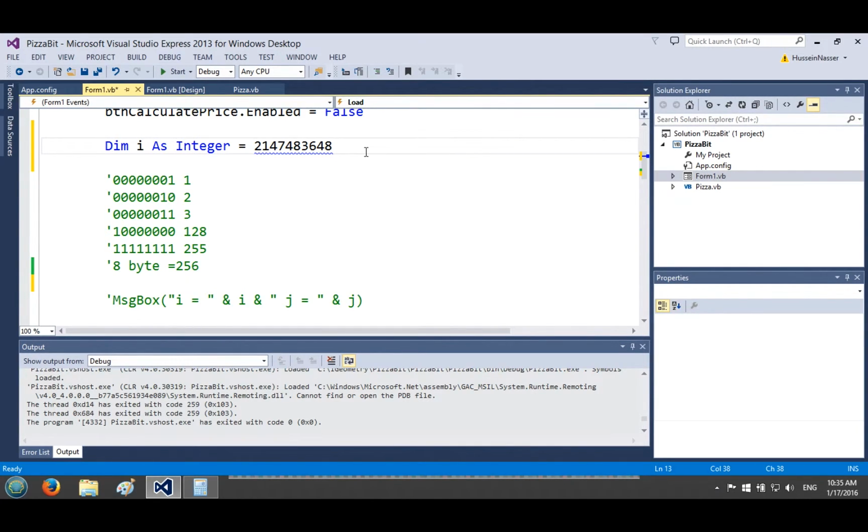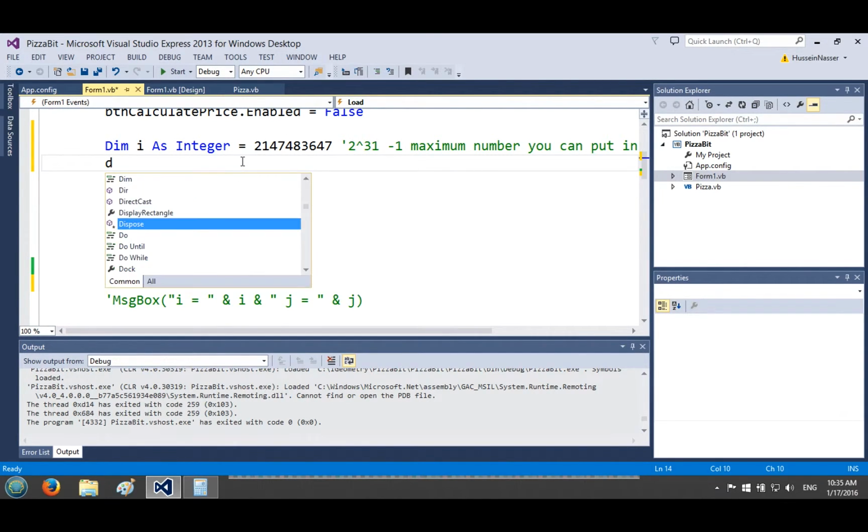Just short that by 1 and you're good. The maximum number is 2 to the power 31 minus 1. That's the maximum number you can put in an integer.